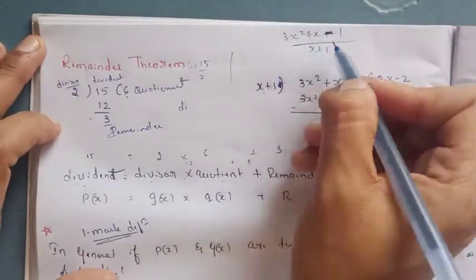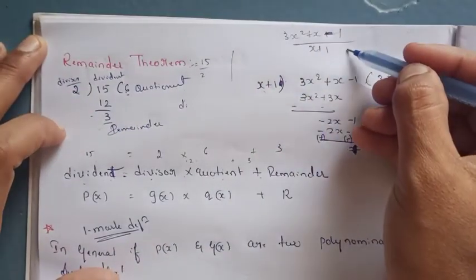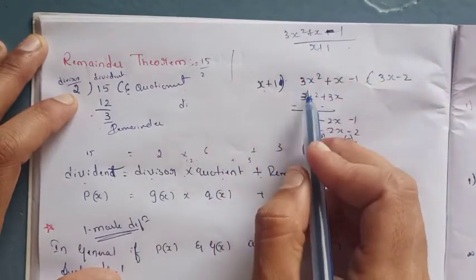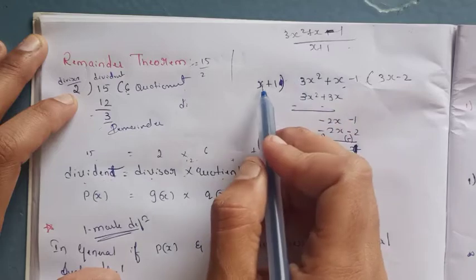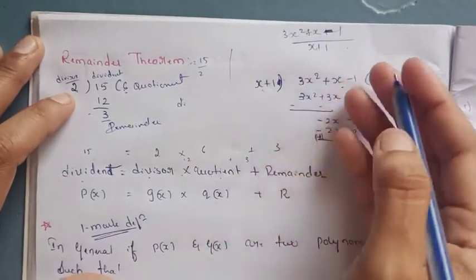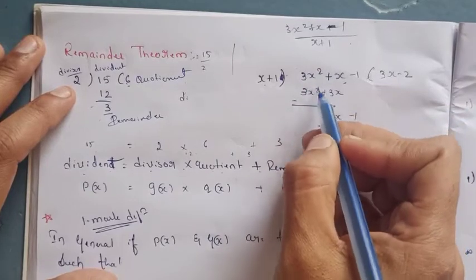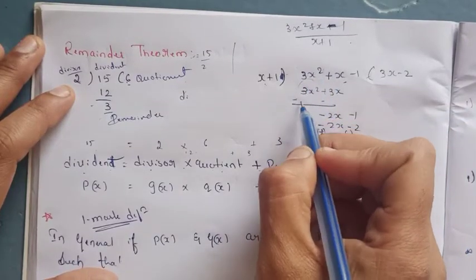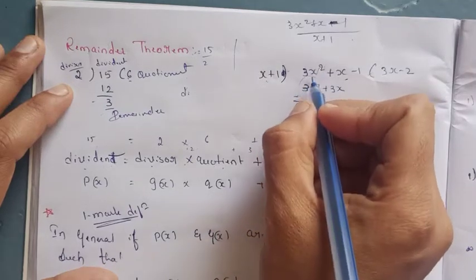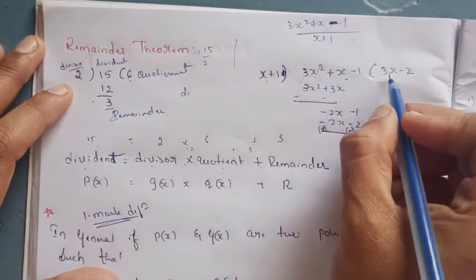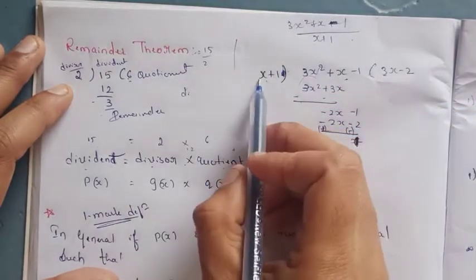This is the dividend by the divisor. In the same way we put the dividend inside and x plus 1 outside. The method to solve is that we should make the left portion 0, that is, the first term we should make 0.